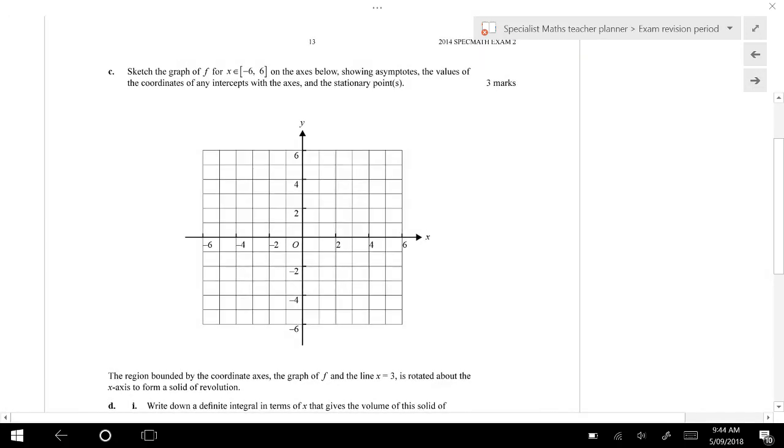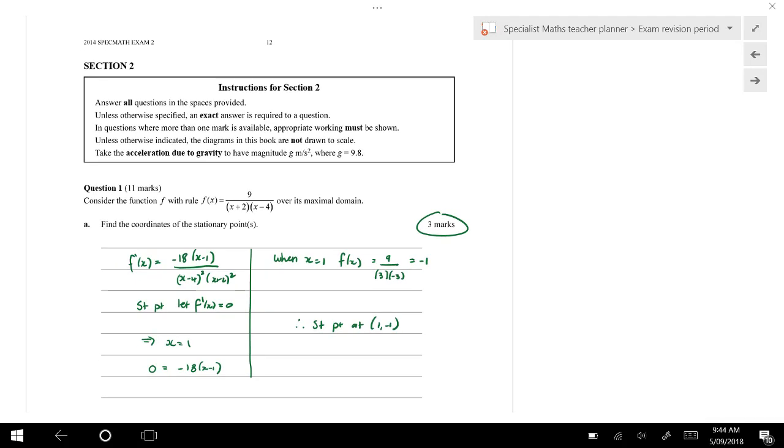It's asking us now to sketch the graph. Now I could sketch it in a calculator, but I think that's a bit of a waste of time. You should know what this graph looks like. We've got an asymptote. So this is from the reciprocal section. Let's label them: x equals minus 2, please, and x equals 4. Now, really, what you could do is in grey lead, you could draw the reciprocal, x squared minus 2x minus 8.